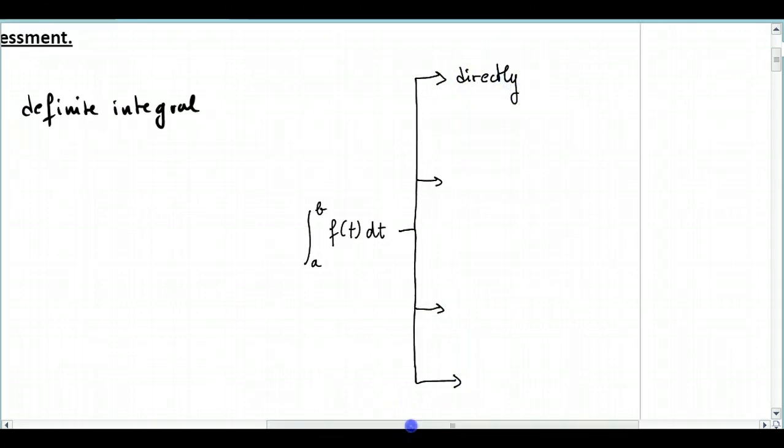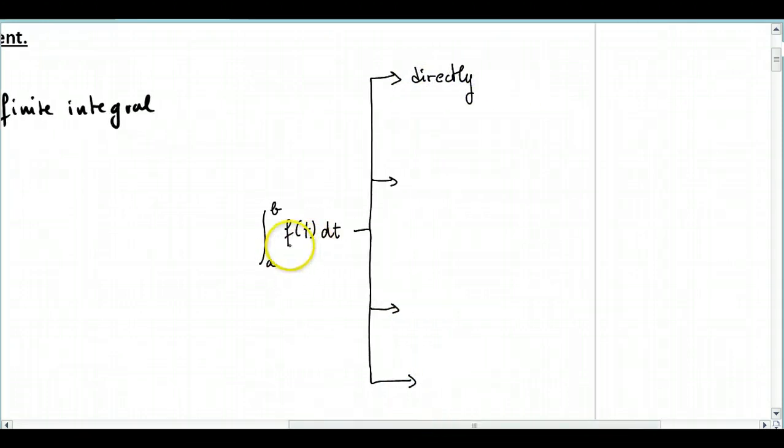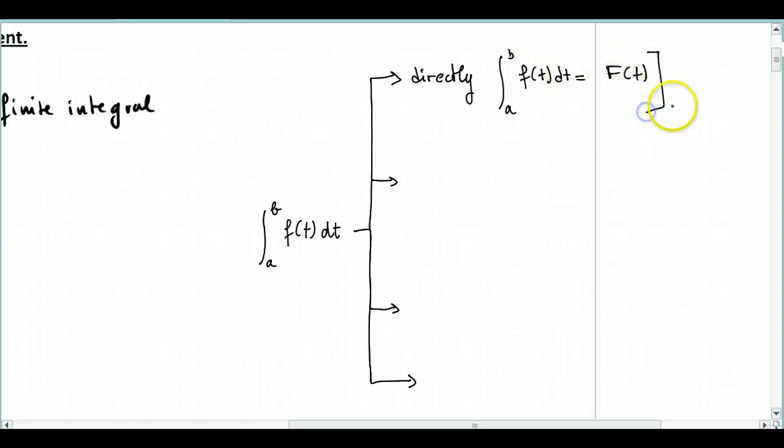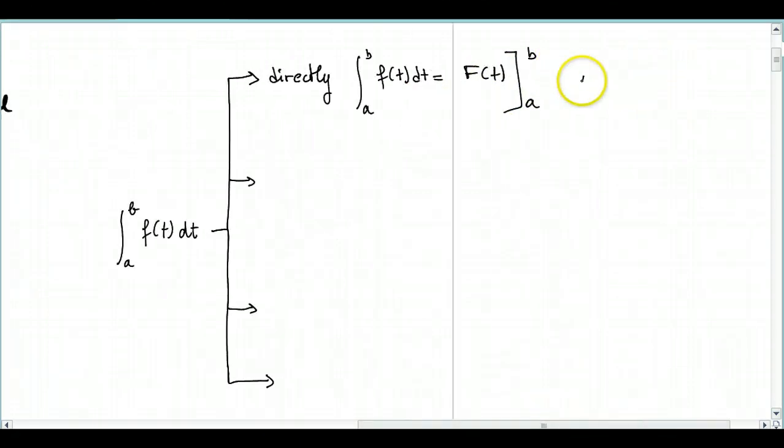Directly, what does it mean? It means you know an antiderivative of the function f. Directly means the integral from a to b of f of t dt is capital F of t between a and b, where capital F of t is just an antiderivative of f of t dt.